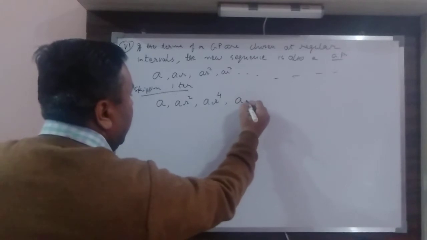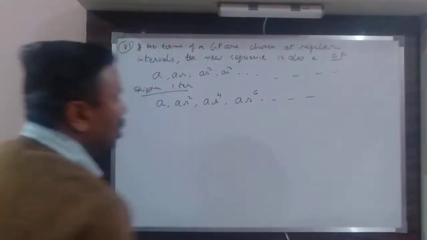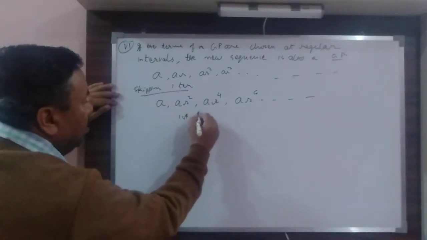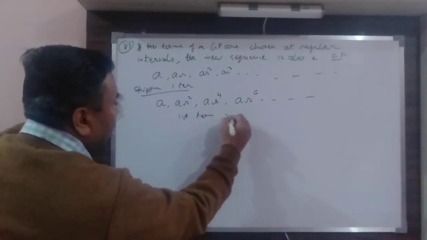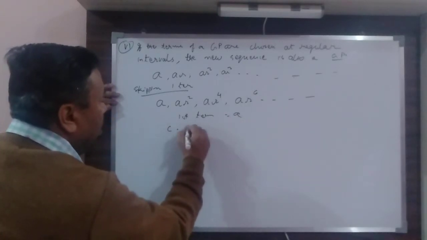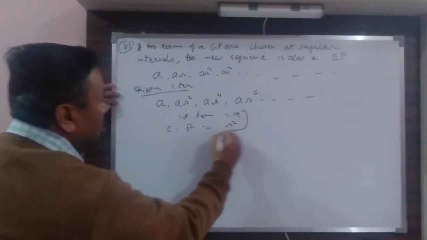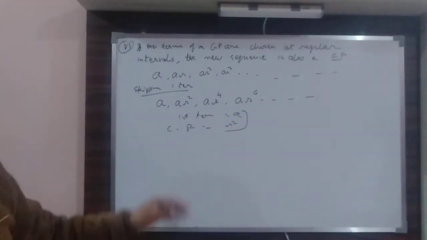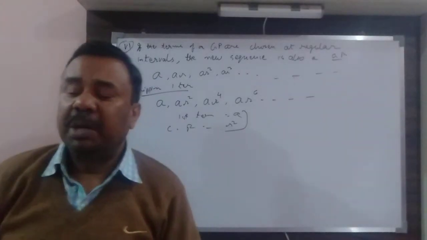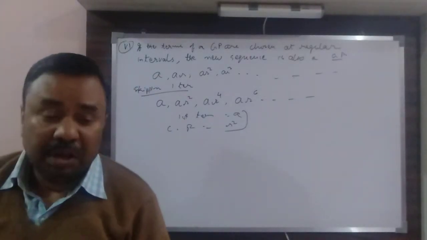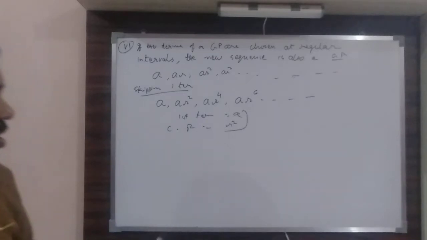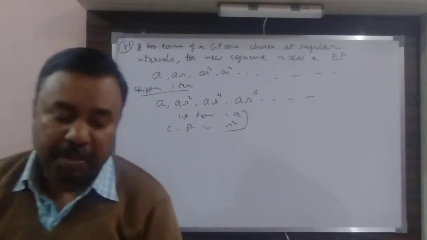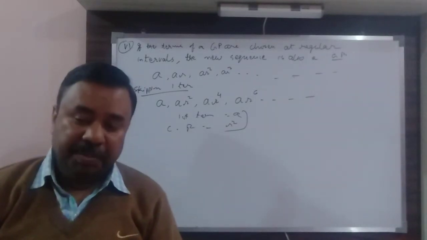Similarly, next will be ar raised to the power 6, like that you will go on. And you see, the first term is a and the common ratio is r squared. So you are again getting a GP. You can try it by skipping any number of terms. So this is what I had to give you about the properties of the GP.